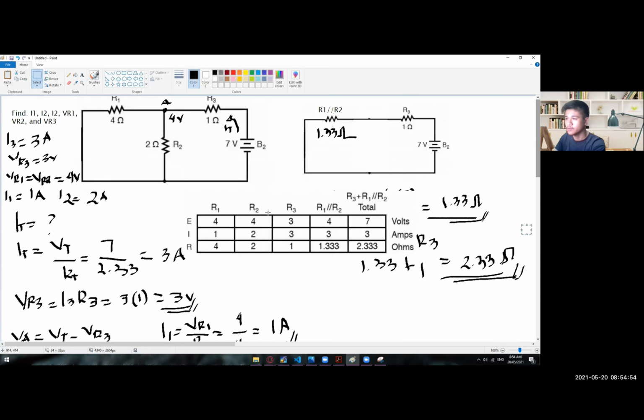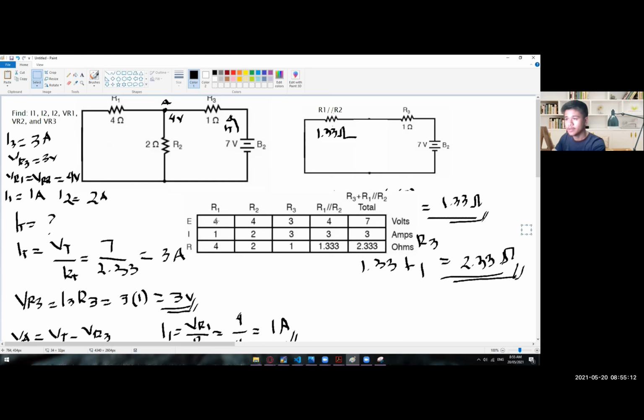And then moving on to R2, we have here a voltage drop of 4 volts. There you go. And then 2 amps for the R2, or I2, right here. And then 2 ohms for its own resistor value.